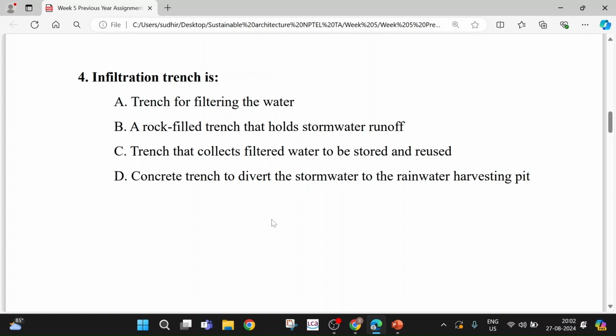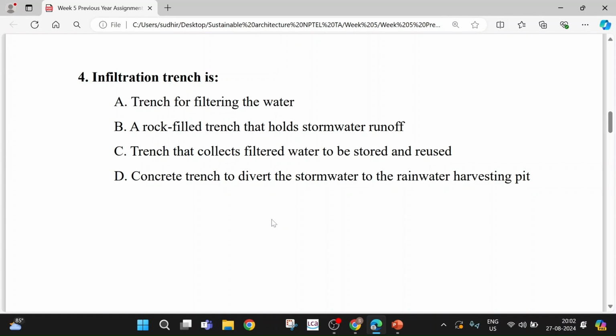So this infiltration trench is designed to capture stormwater runoff and to allow it to slowly infiltrate into the ground. Yes, sir. It is not holding stormwater, but it is holding stormwater runoff. It is holding runoff.